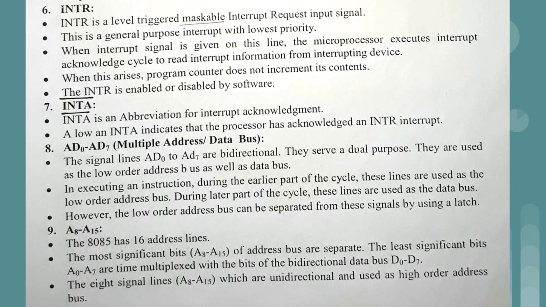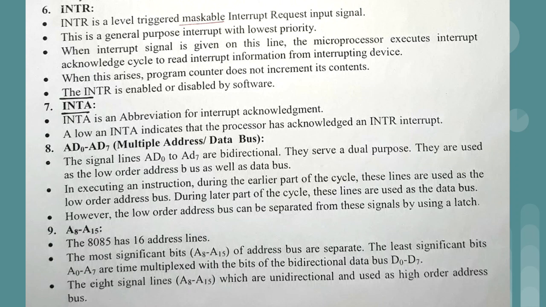So these are AD0 to AD7, which are multiplexed address buses used for a dual purpose. The next buses which we are having are A8 to A15. As we all know, the 8085 has 16 address lines. So the most significant bits, that is A8 to A15 of the address bus, are separate.